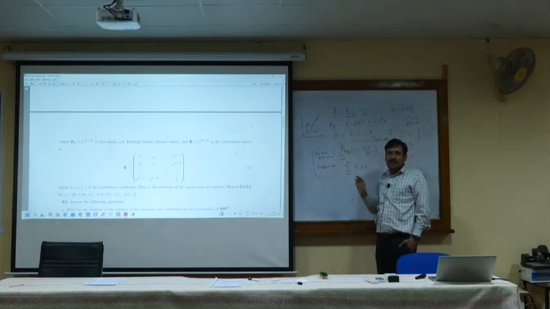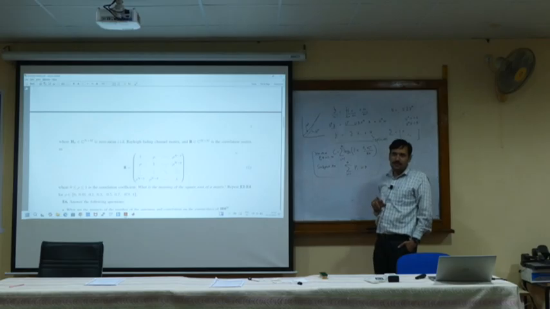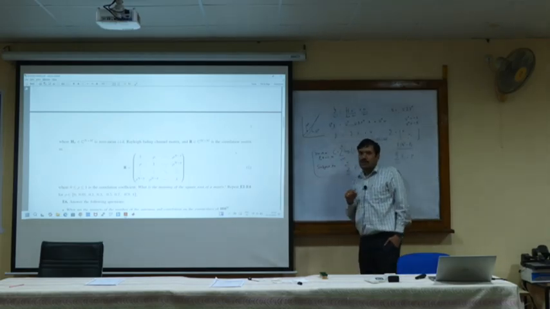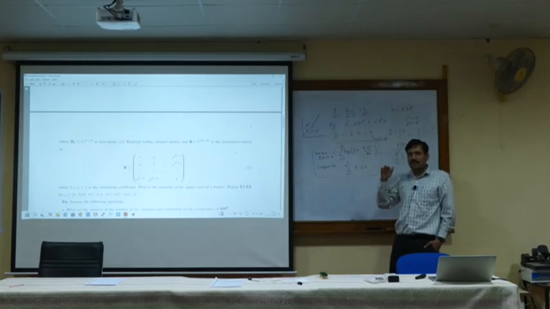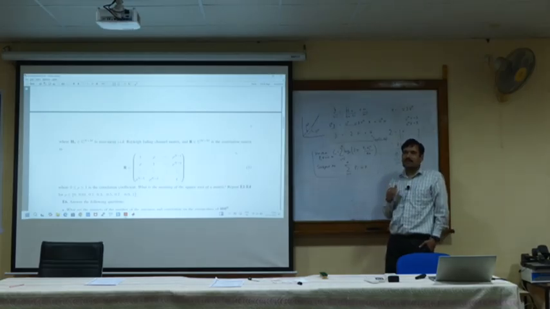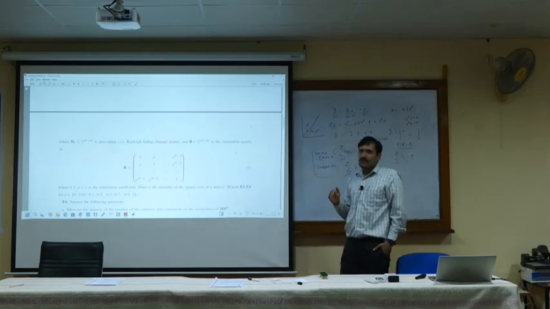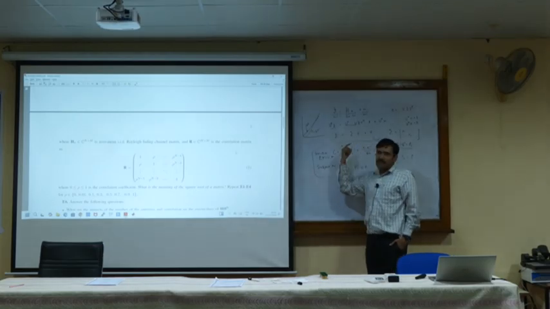Even if we try to transmit 4 streams, the 4th stream will be lost or will cause interference to the others. So correlation reduces the rates, and if the condition number is not close to 1, it will also reduce the rates.